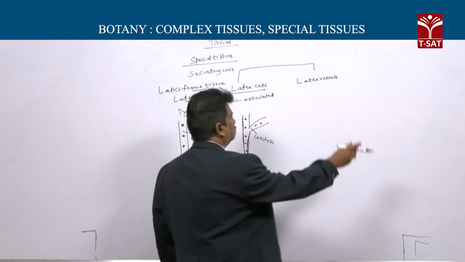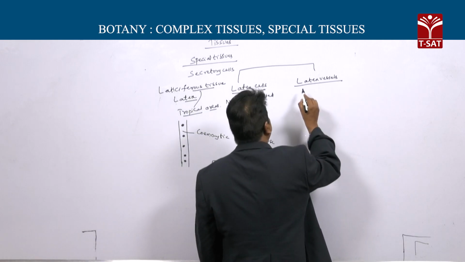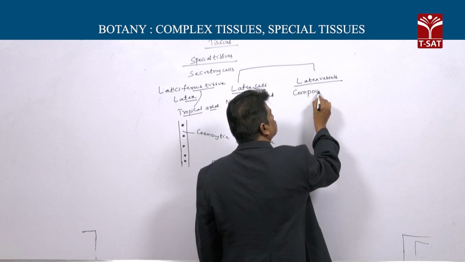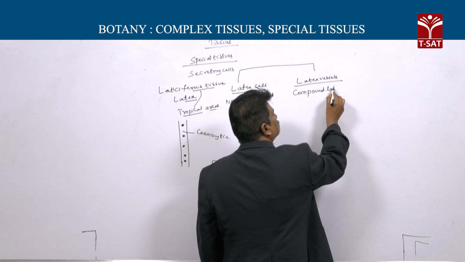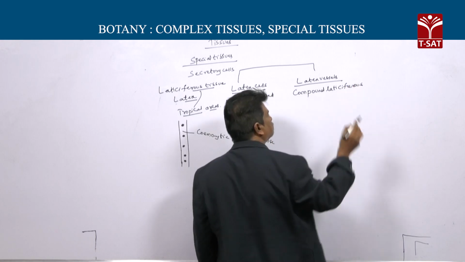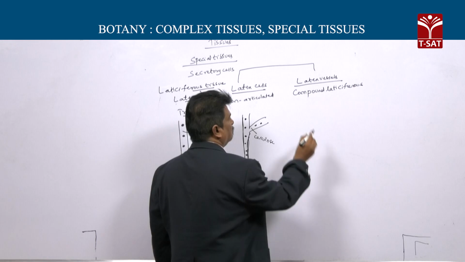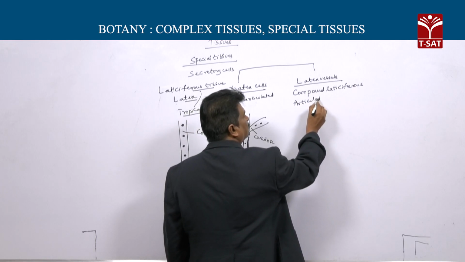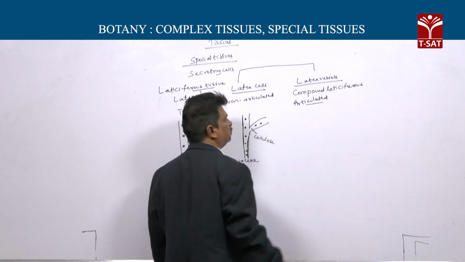Next one, latex vessels. Latex vessels are called compound tissue or articulated.